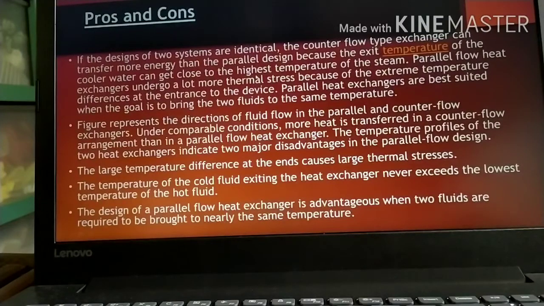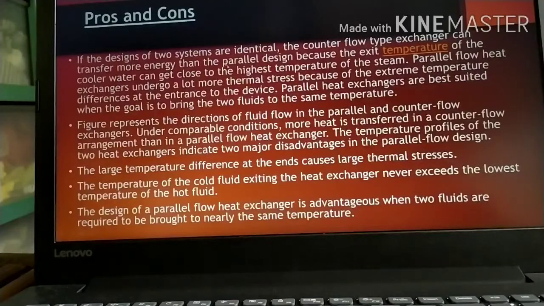So that's how the counterflow heat exchanger works better than the parallel design.